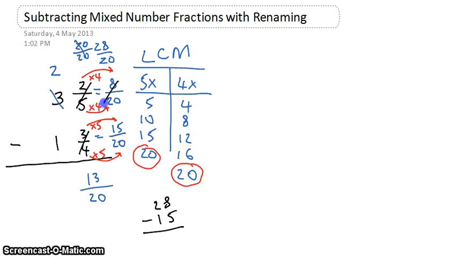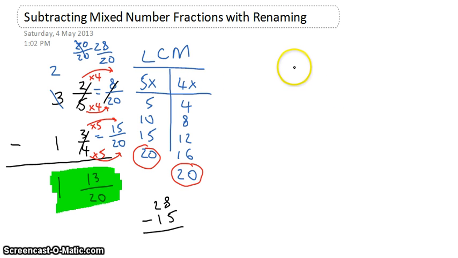I should have had this crossed out as well because this is my new fraction. 28 20ths take 15 20ths is 13 20ths. And 2 wholes take 1 whole is 1 whole. I'll make sure that's in the same color as my other answer. 1 whole. And my answer is 1 13 20ths. I'll highlight that so you can see that. 1 13 20ths is my answer.